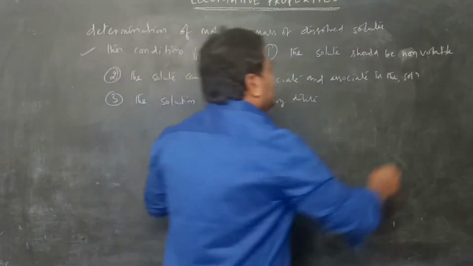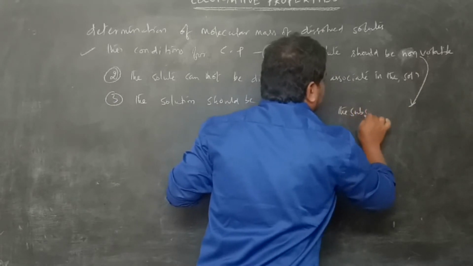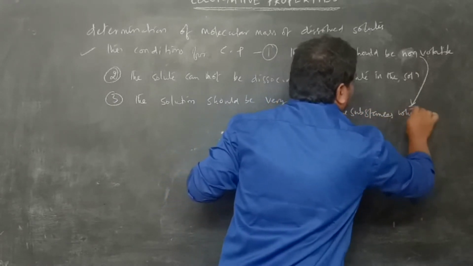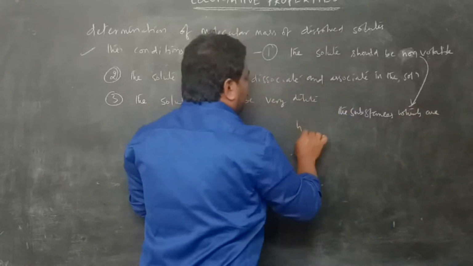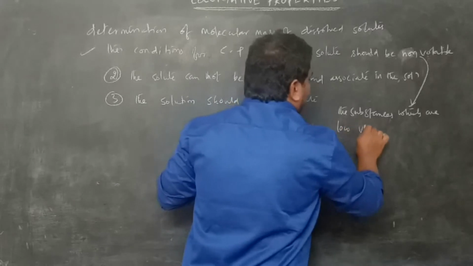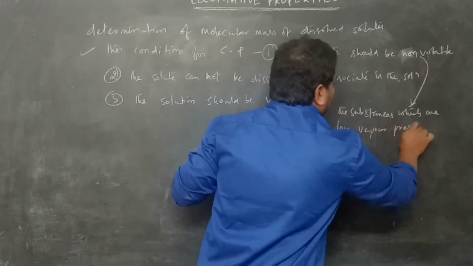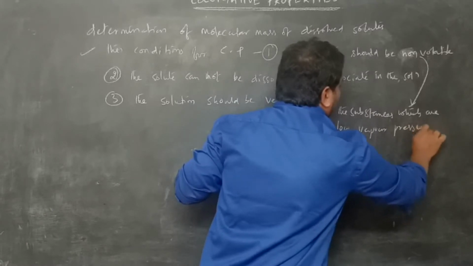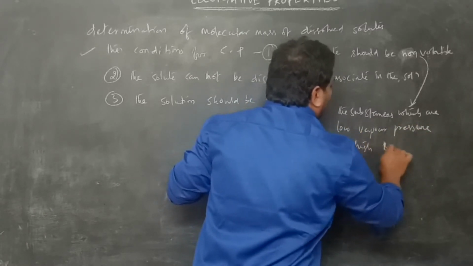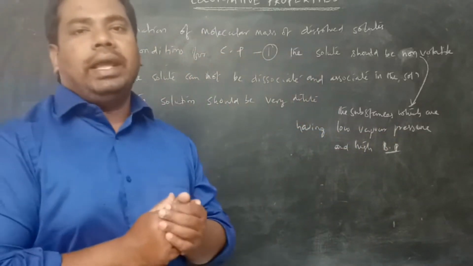Non-volatile means the substances which have low vapor pressure and high boiling point. So these substances come under non-volatile solutes.